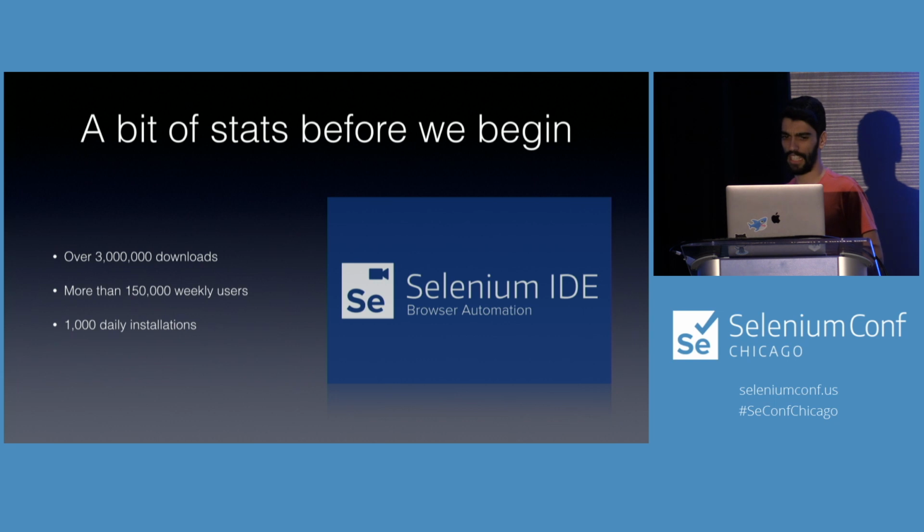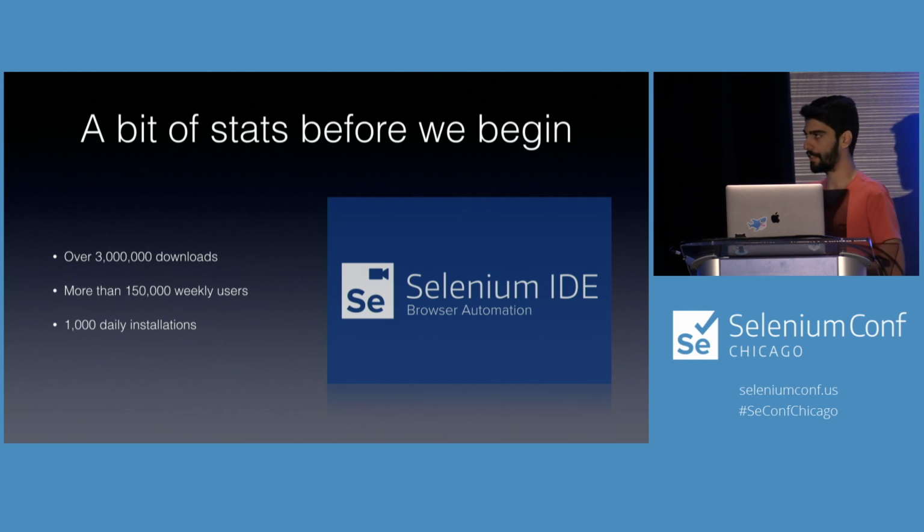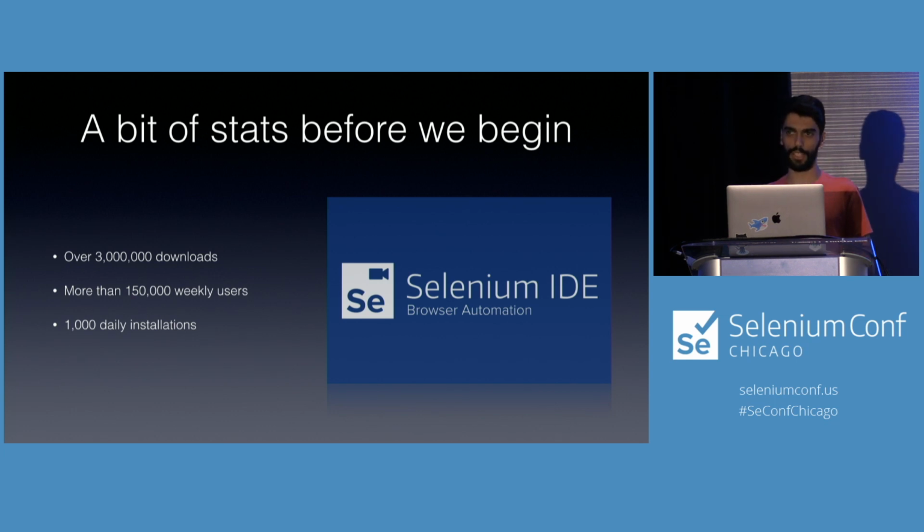So just a bit of stats. We've got over 3 million downloads ever, and that's only the Mozilla version of it. Chrome doesn't really let us get that stat. And we have 150,000 weekly users, that's Chrome and Firefox combined, and 1,000 daily installations, that's both of them combined. And other than that, we've got about 20,000 users still using the legacy IDE.